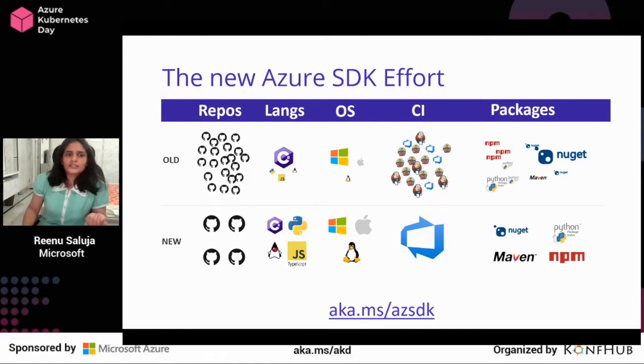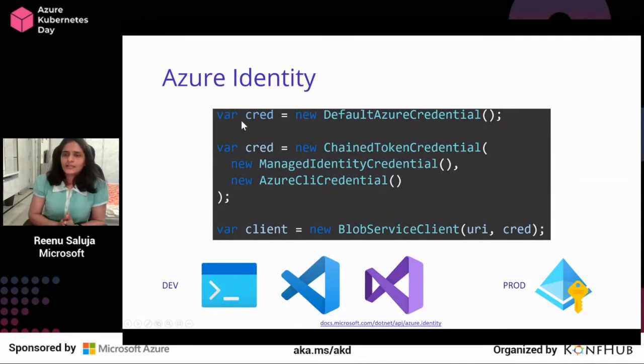We can do that using the Azure Identity Library. Now I'll go back to slide number 2, which is all about the Azure Identity Library that I keep iterating. So, this is a glimpse of the Azure Identity Library.